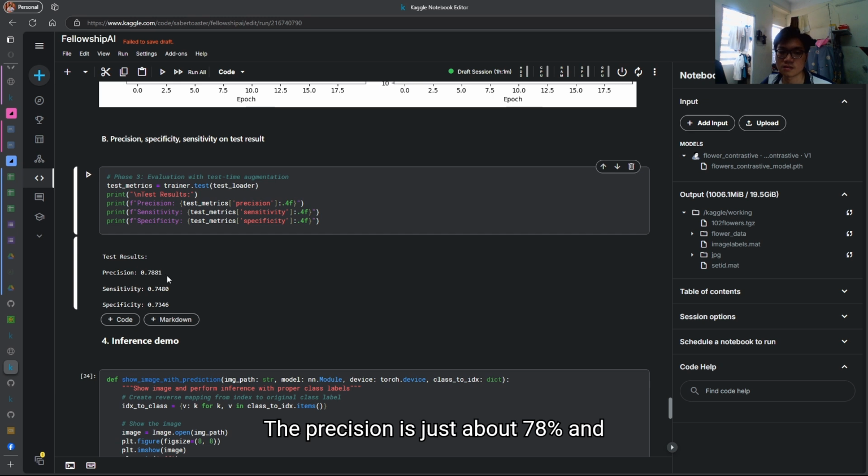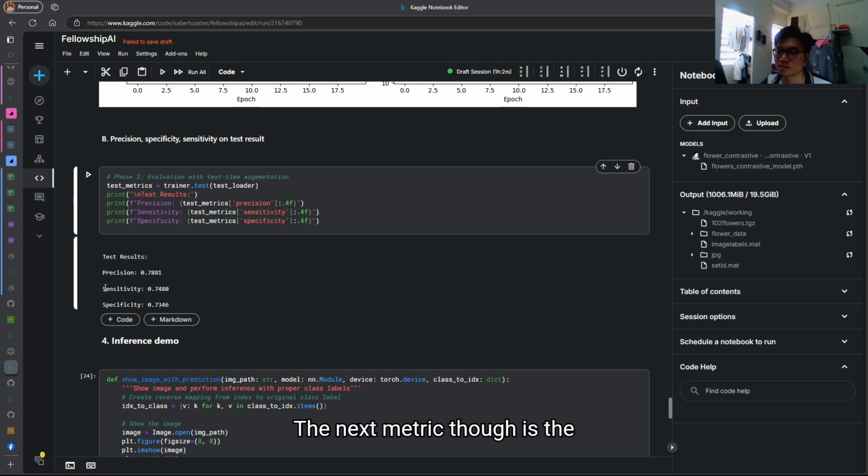The precision is just about 78%, and this indicates that when the model predicts a flower belongs to a specific class, it is correct about 78% of the time. And being a weighted average, it accounts for class imbalance in the dataset as well.